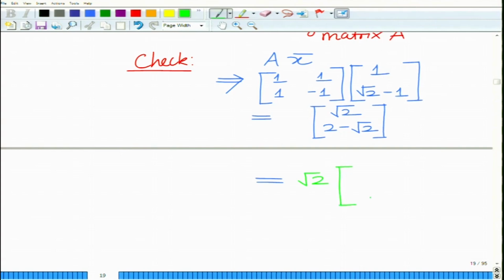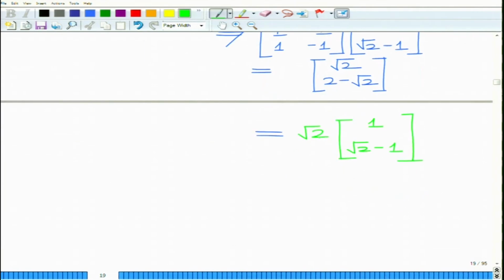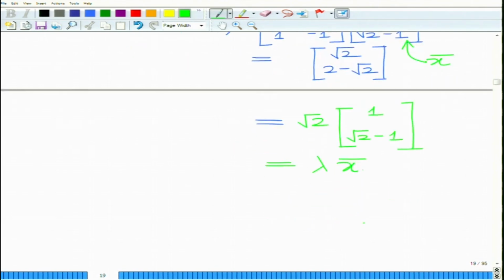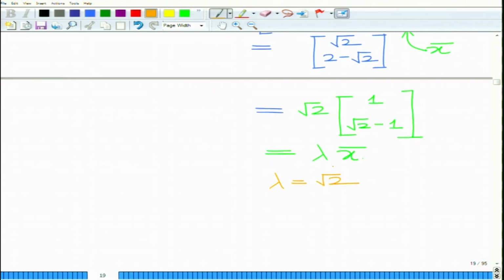this will be 1, square root of 2 minus 1, which is basically nothing but, if you call this your x bar, lambda times x bar, where lambda equals square root of 2, and we have already seen x bar is 1, square root of 2 minus 1.